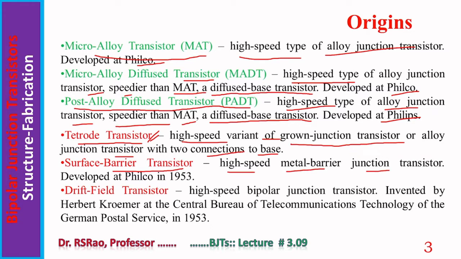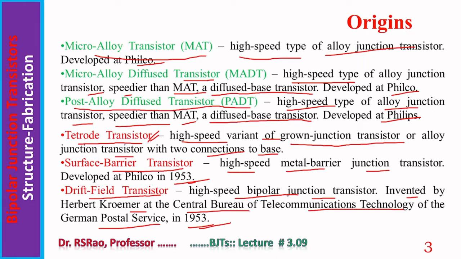It was developed at Philco in 1953. Then the drift field transistor. It's a high speed bipolar junction transistor invented by Herbert Kroemer at the Central Bureau of Telecommunications Technology, German Postal Service, in 1953.